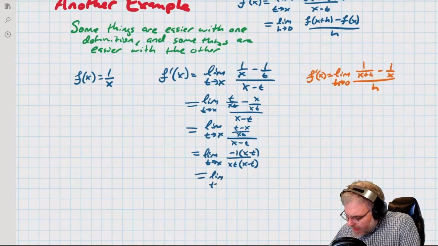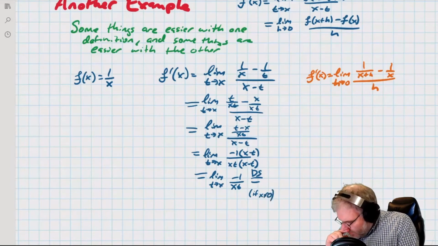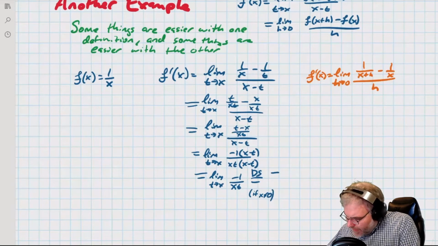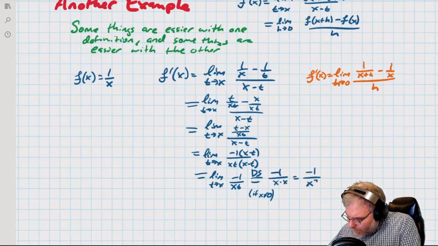The limit as t goes to x of those two cancels, and I wind up with -1 over xt, which equals, with a direct substitution, if x does not equal 0, -1 over x times x, which equals -1 over x squared.